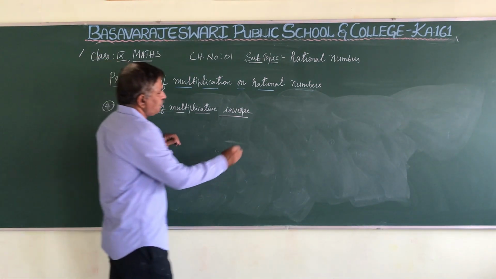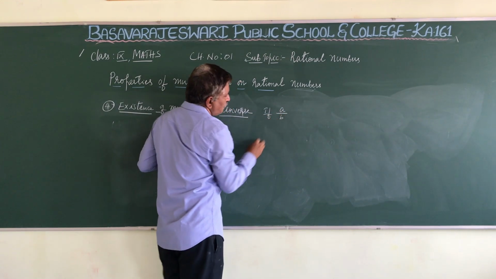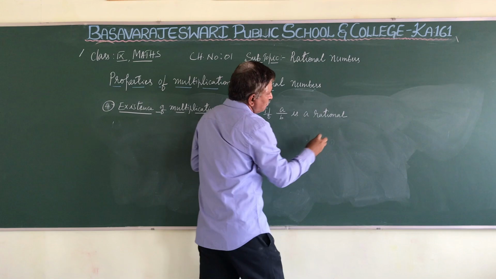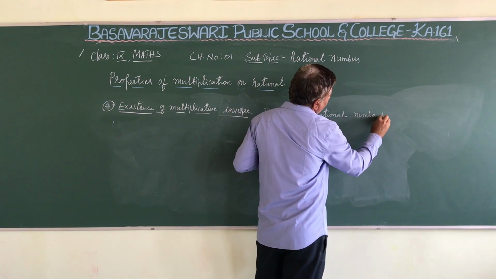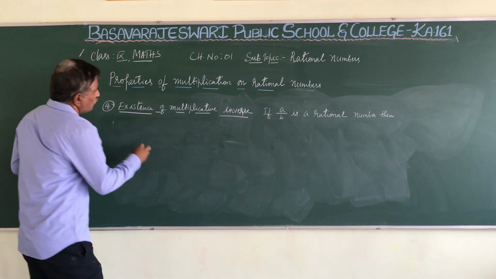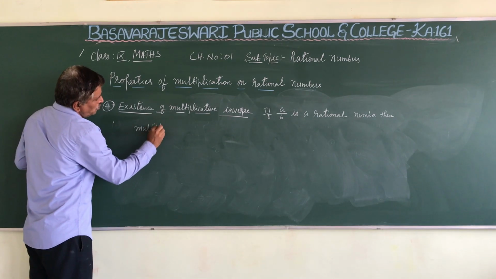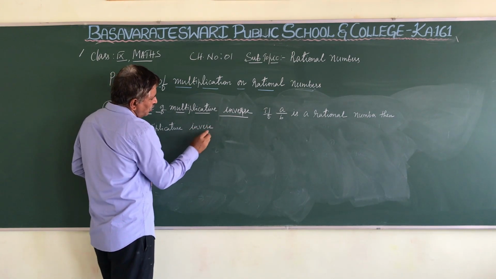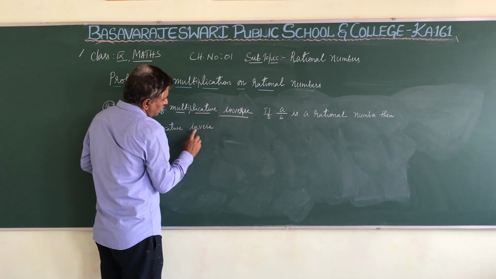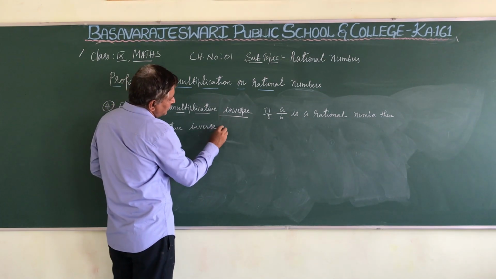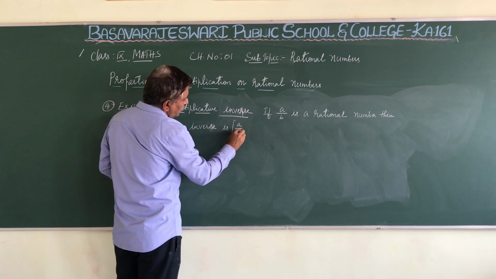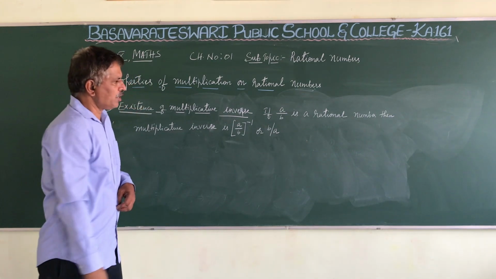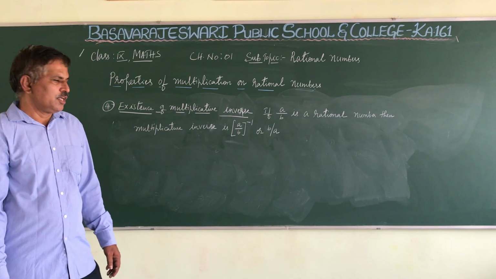If A by B is a rational number, then the multiplicative inverse is A by B whole to the power of minus 1, or B by A. So that means for A by B, the multiplicative inverse is B by A only.